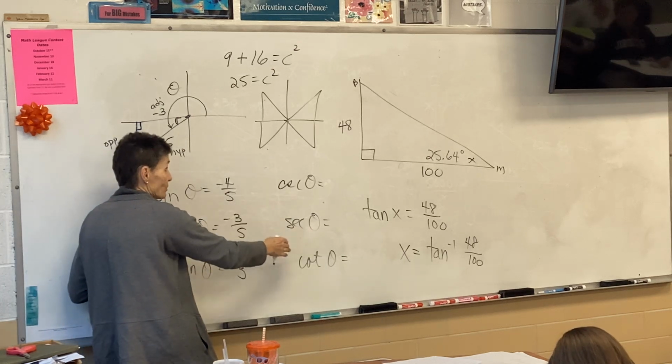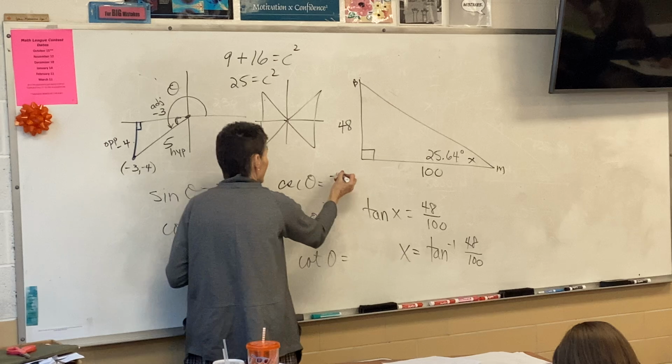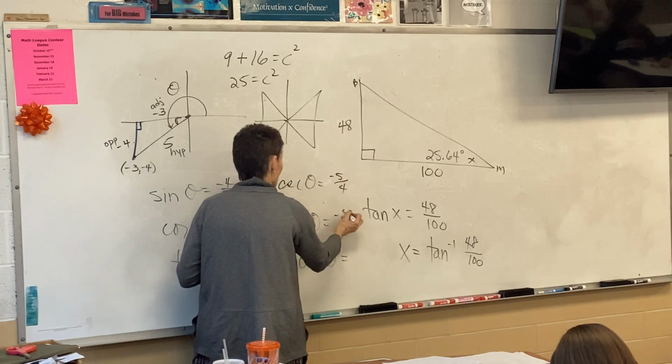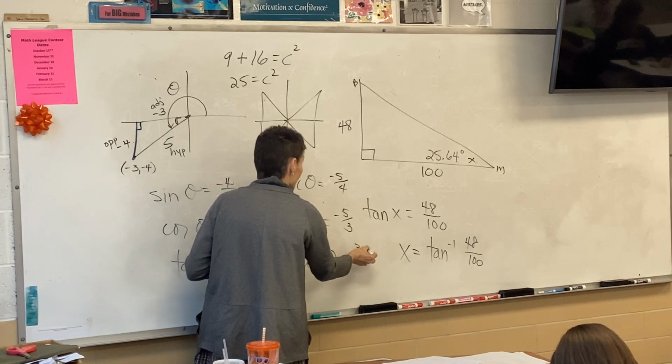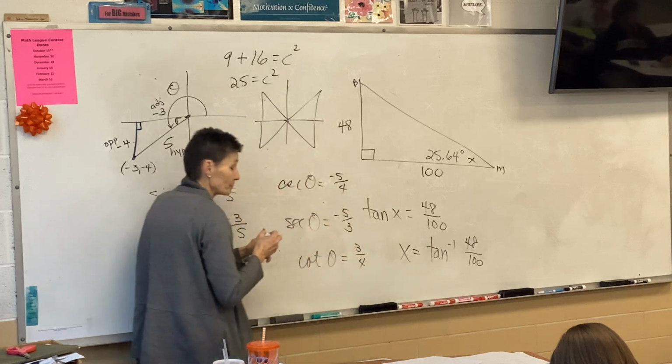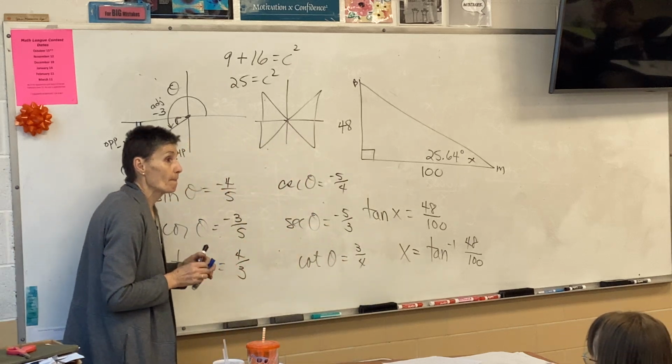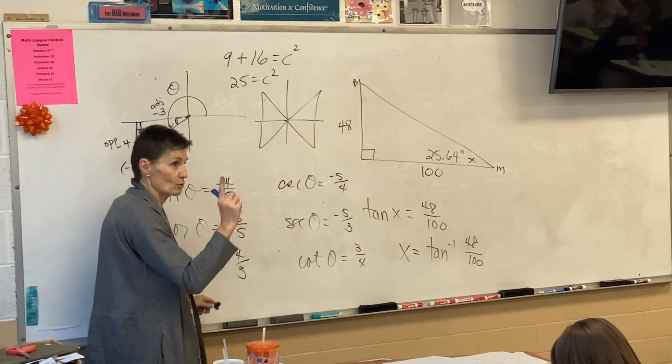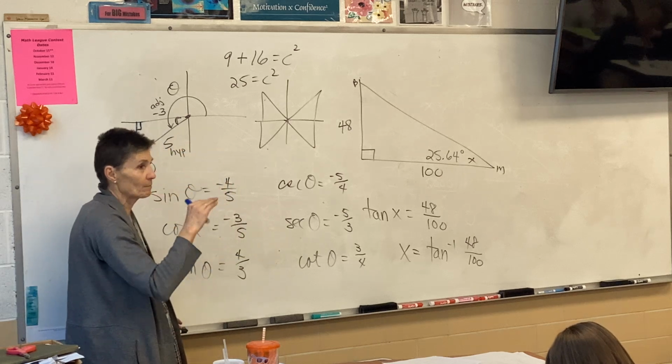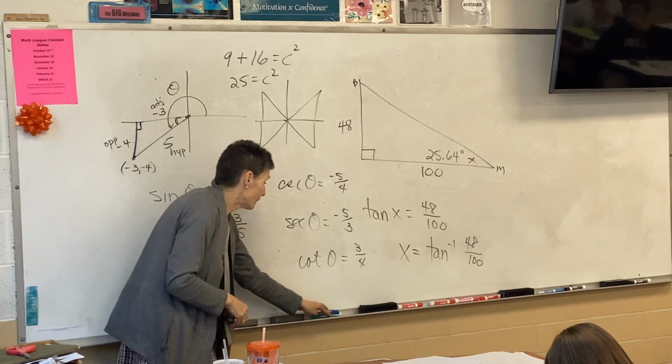And then these guys are still the reciprocals, so -5/4, -5/3, and 3/4. The negative just stays on top. If there's one negative, you put it on top or bottom or in the middle, it doesn't matter. These are properties.